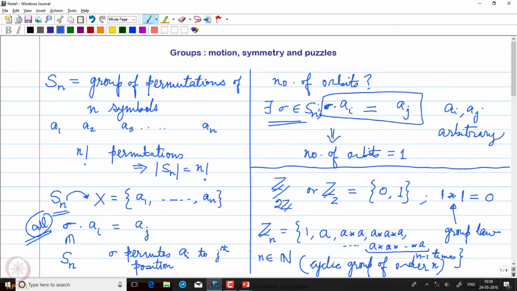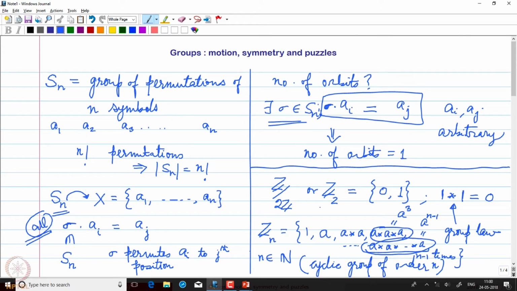So in the cyclic group there are n elements. For simplicity in notation, A star A star A we just denote by A to the power 3, up to A to the power n minus 1.